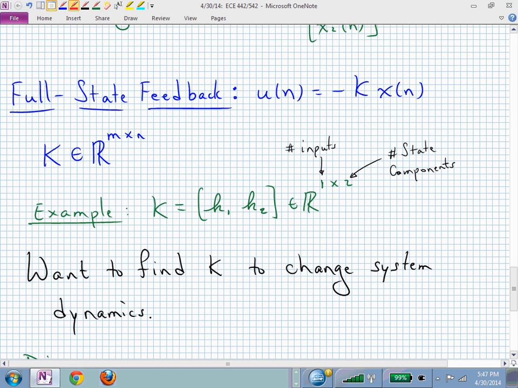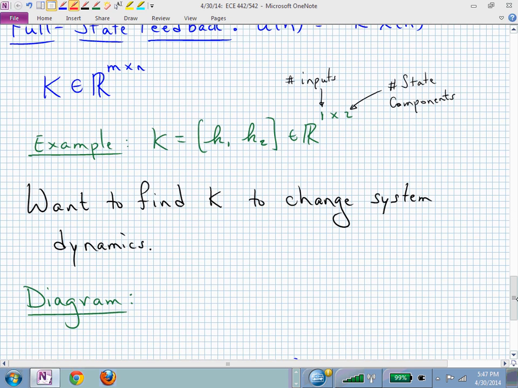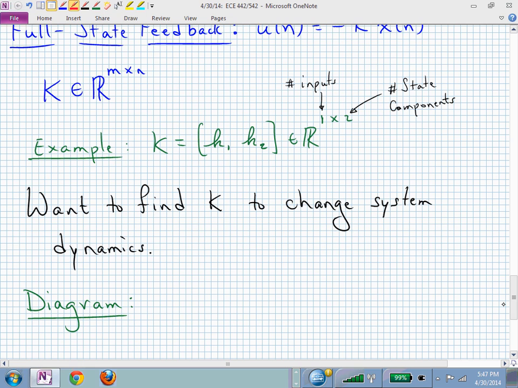That's not a hard question, I hope, at this point in the semester. Where do we want our closed loop poles? Inside the unit circle. So we want the eigenvalues of our closed loop system to be inside the unit circle.